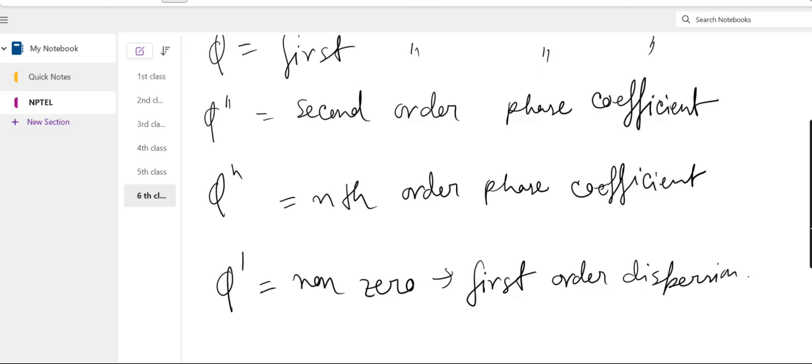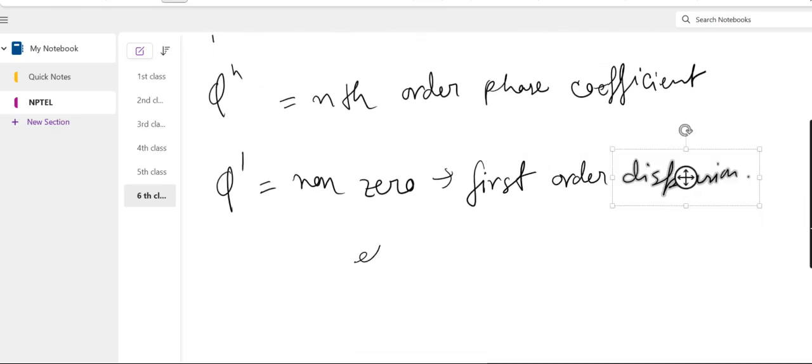And what will be the effect? The effect is that it will shift the pulse.